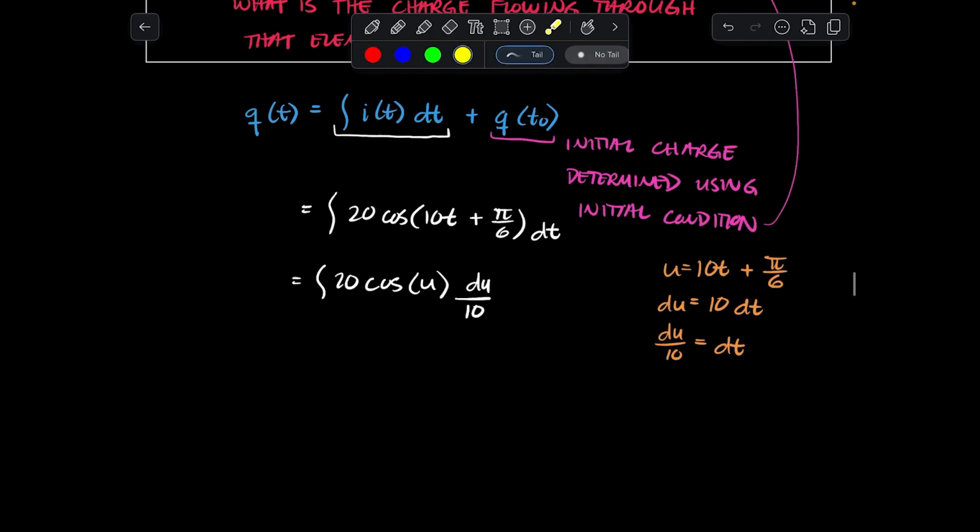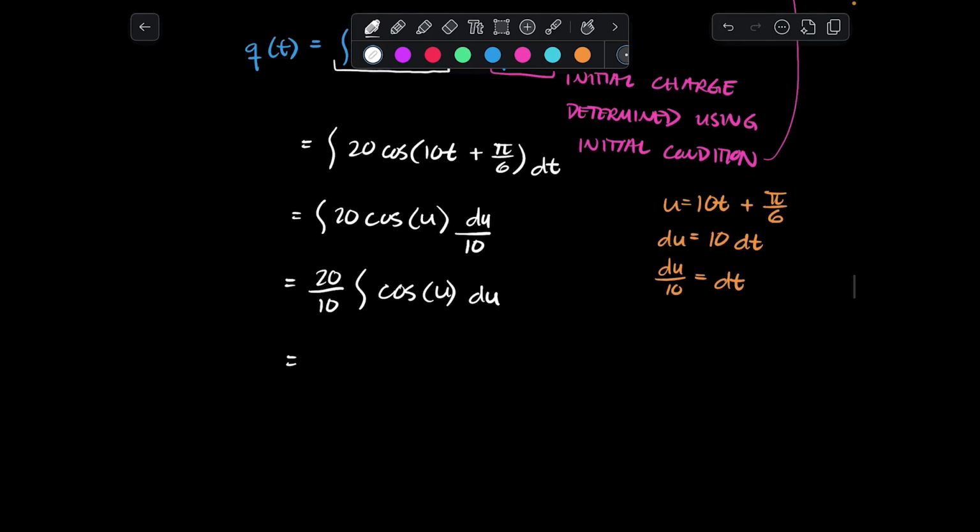And so let's bring out the constants. Here we have 20, and here we have 1 over 10. So we'll have 20 over 10 times the integral of the cosine of u du. And so we have 2 times the sine of u.